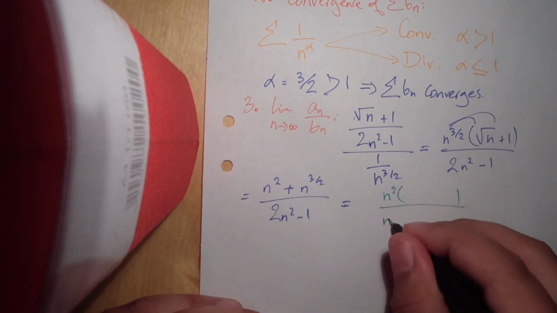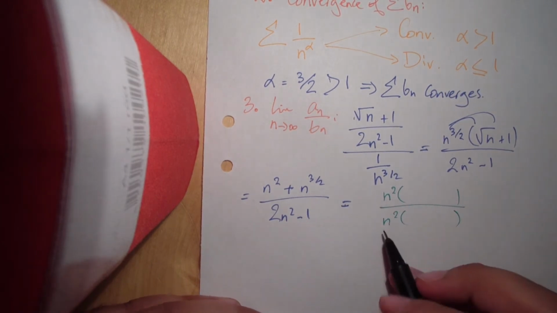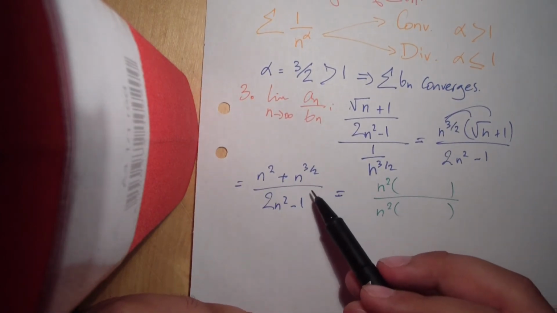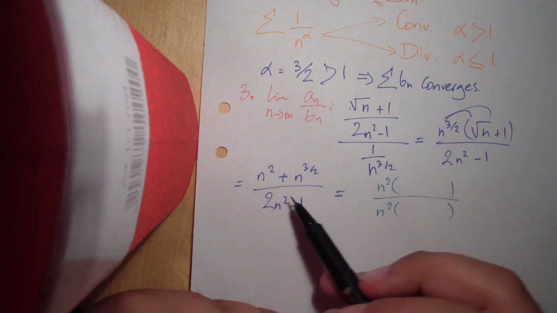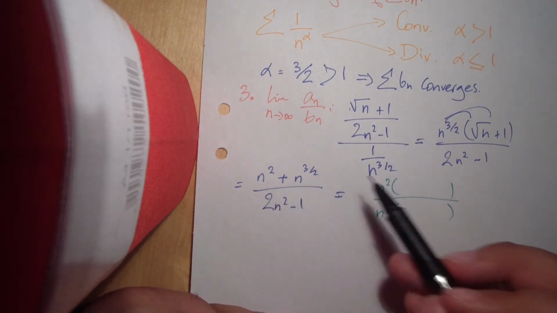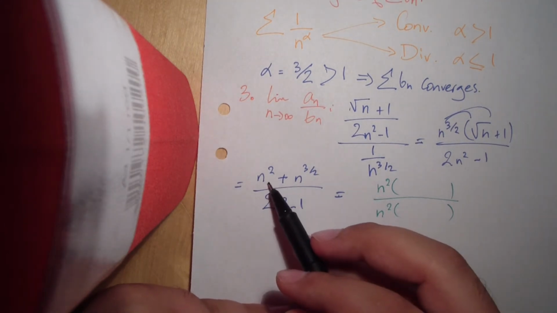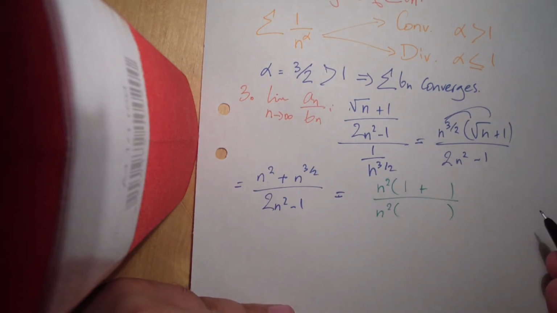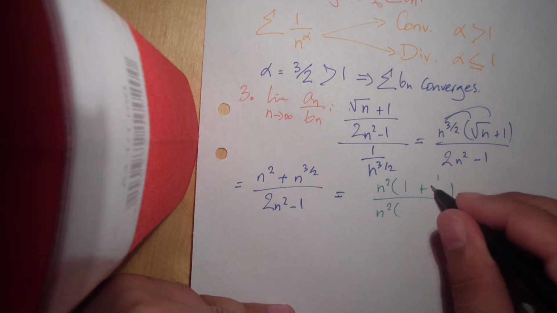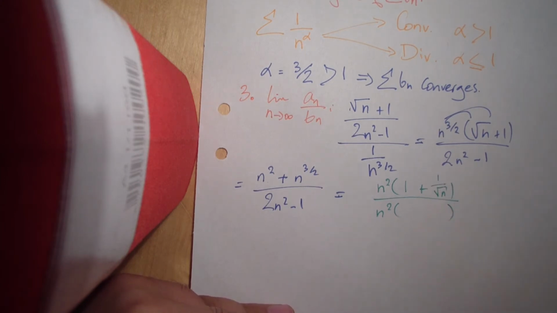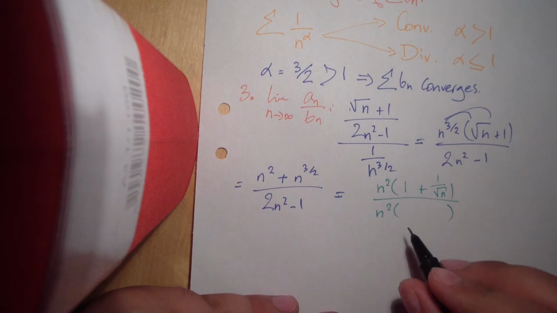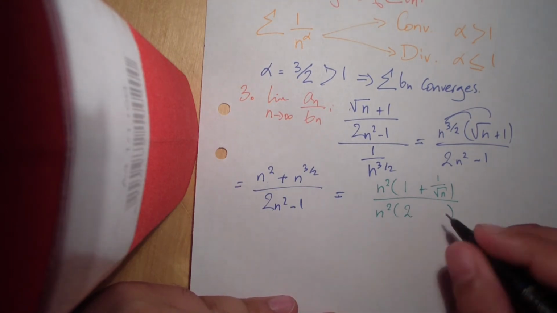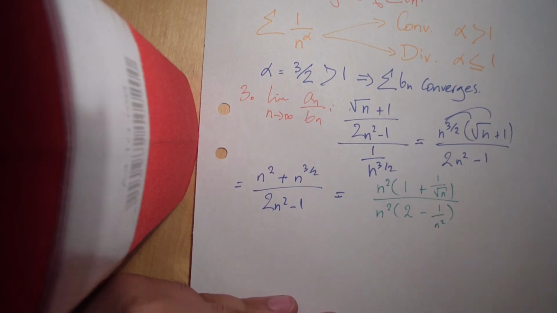Logically, we're multiplying this expression by n squared, so to equal it out, we divide everything in here by n squared. n squared divided by n squared is just 1. And n to the power of 3 over 2 divided by n squared is just 1 over square root of n. You can try it if you don't trust me. And 2n squared divided by n squared is just 2, and minus 1 divided by n squared.